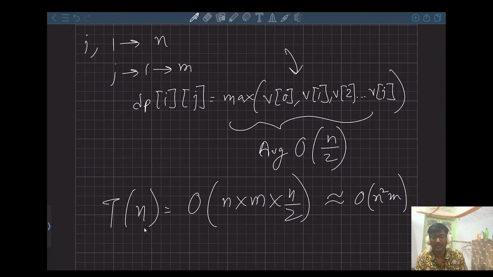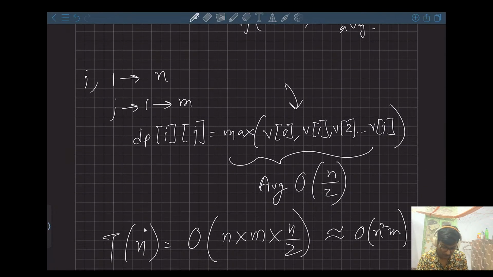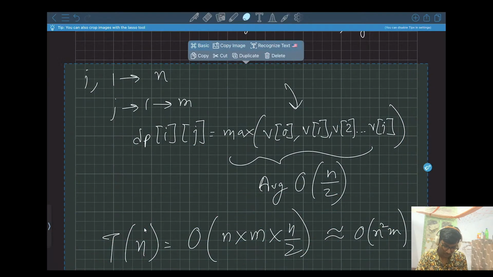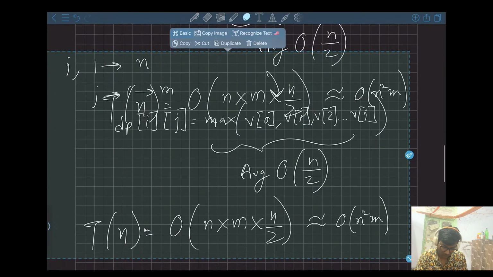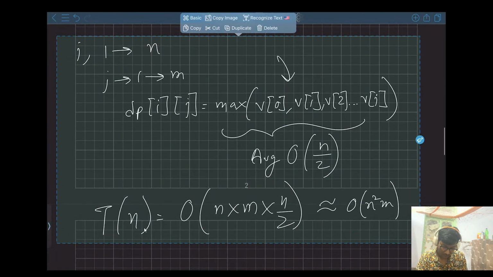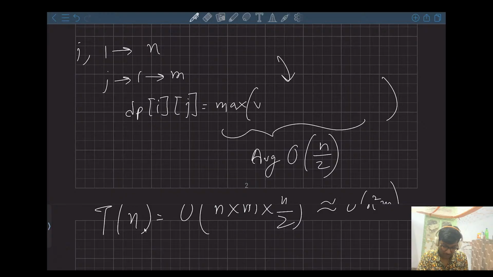Sometimes you can get weird equations, like maybe here you can think of it like maybe Vi plus V of I by 2 plus V of I by 4 plus dot dot dot.